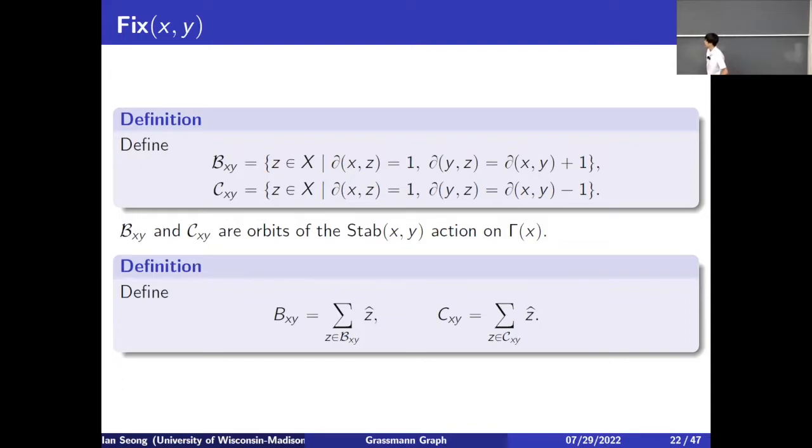Now we're going to define some vectors. Using cal B XY and cal C XY, we can define the vector B XY to be the sum of all the vectors z hat, where z is an element of cal B XY. And we define the vector C XY to be the sum of all the z hats, where z runs through every element of cal C XY.